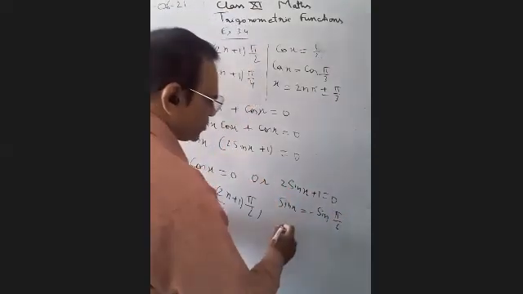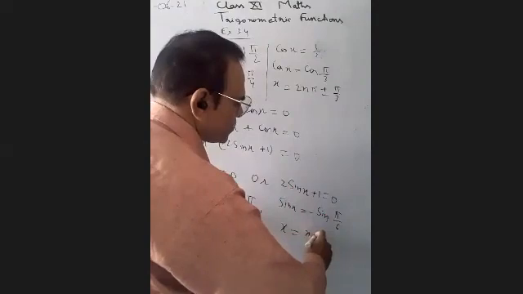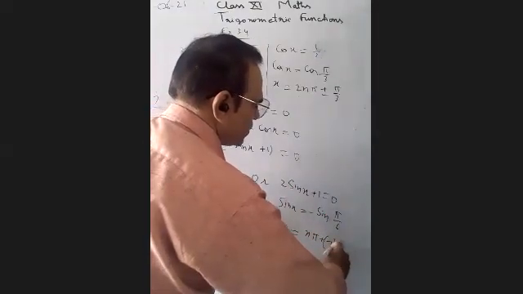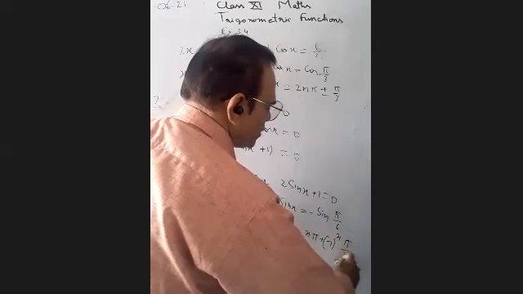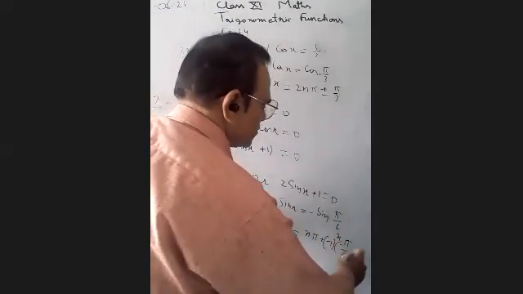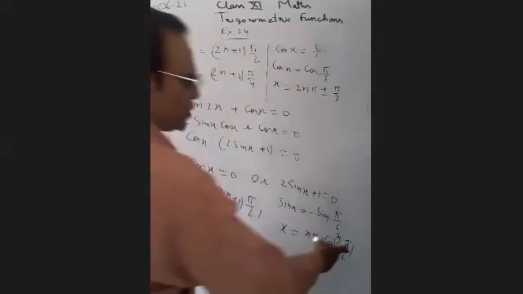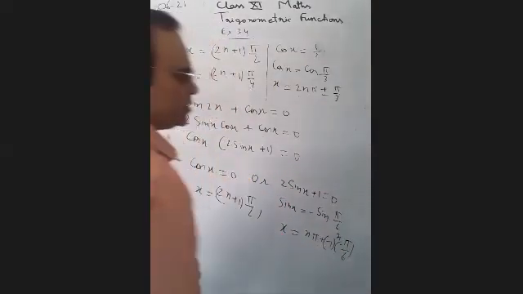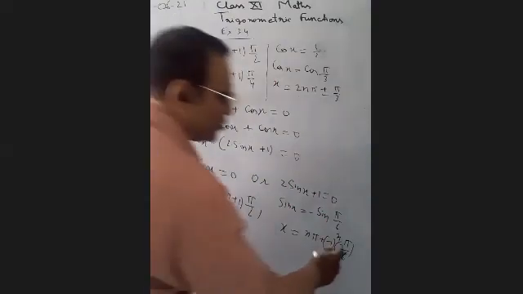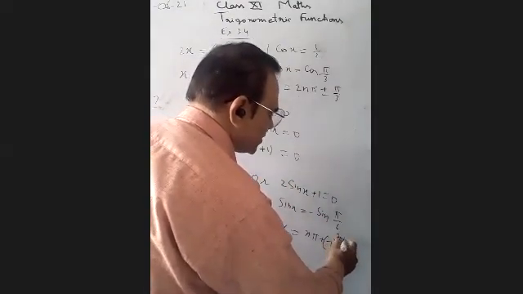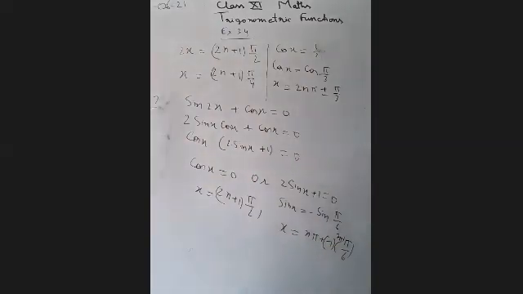In the general solution you can write x is equal to n pi plus minus 1 to the power n, with pi by 6 in place of y. Because we are getting a minus, we have to write n plus 1, so the minus is consumed. So we can give the answer in the fourth quadrant. Sign is negative in the third quadrant and fourth quadrant. So we have completed question number 7 also.